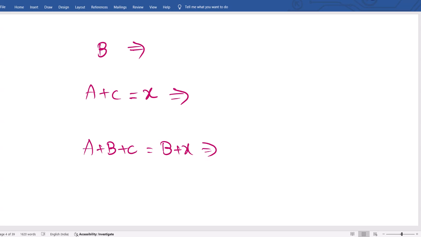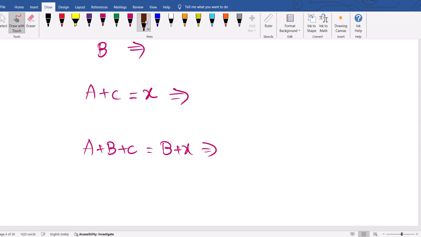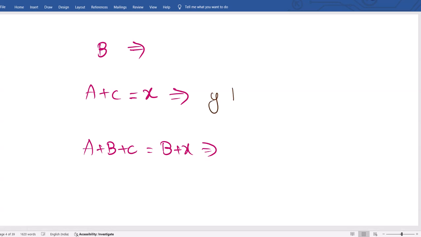Here, if A plus C takes some Y days to complete the work, B will take, what did they say in the question? B takes twice as A and C together. A and C taking Y days to complete the work, let us say, then B will take 2Y days.